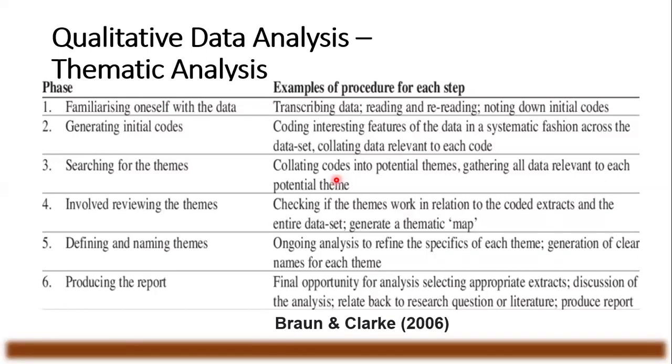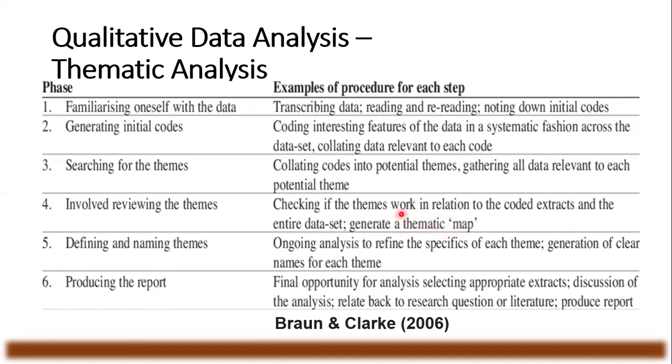Sometimes you need to understand the familiarity and discussion about the basic code structure. So you need to find some relevant articles or research papers in order to finalize that you are creating appropriate codes here. The fourth step involves reviewing the themes, checking if themes work in relation to coded extracts and the entire dataset, and generating a thematic map here.